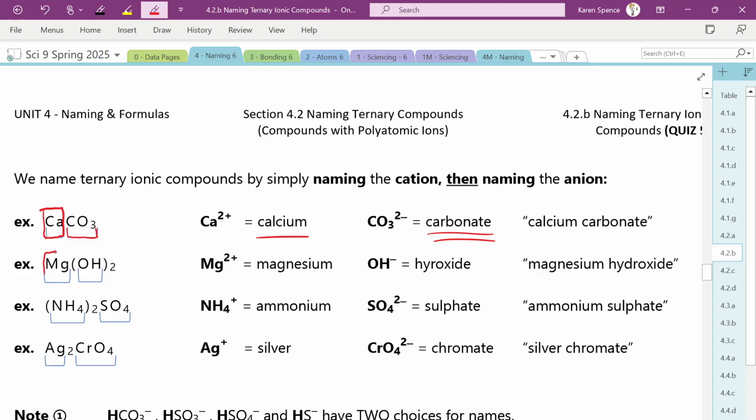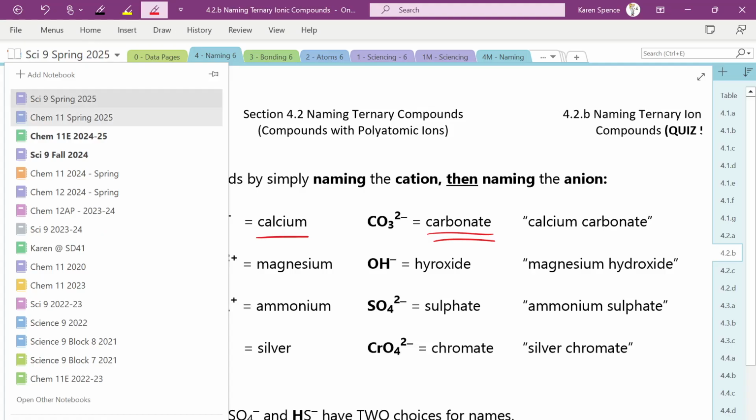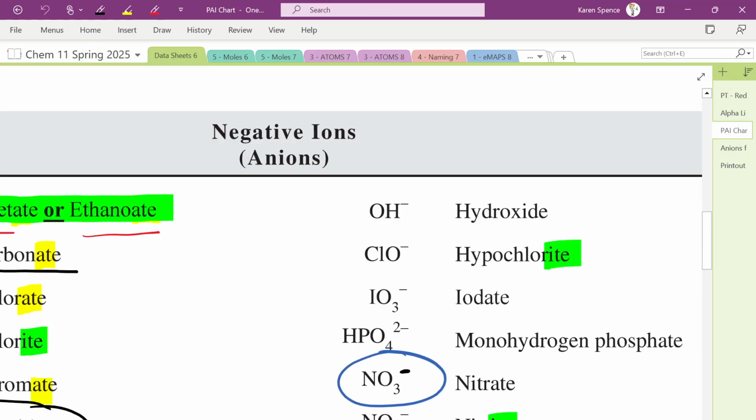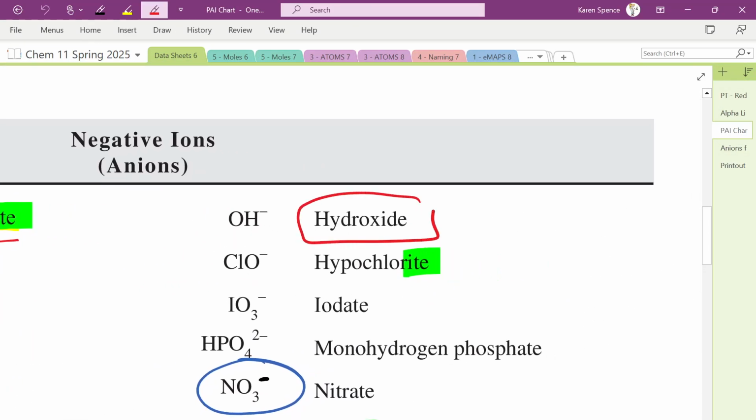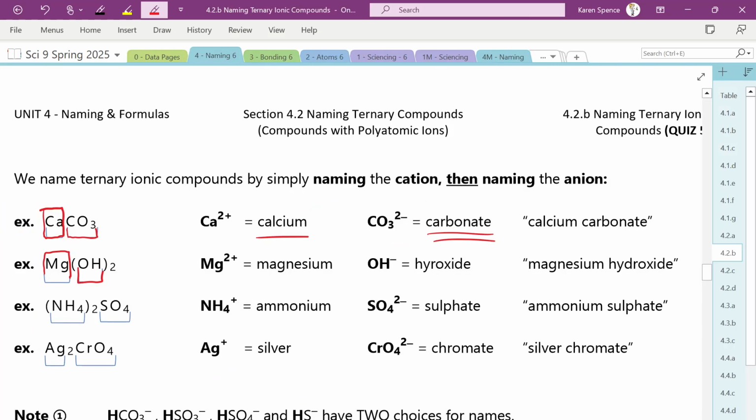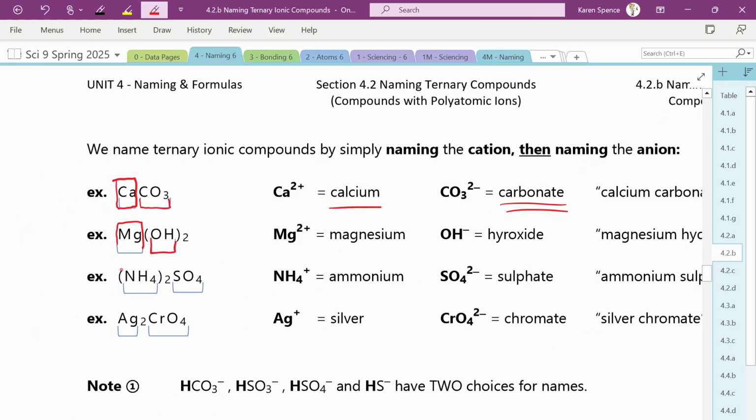Okay, I've got my box around my Mg. So that's magnesium, and then I have to say, what is OH? Go to your green sheet. OH is hydroxide. So that's just magnesium hydroxide. NH4 is ammonium.